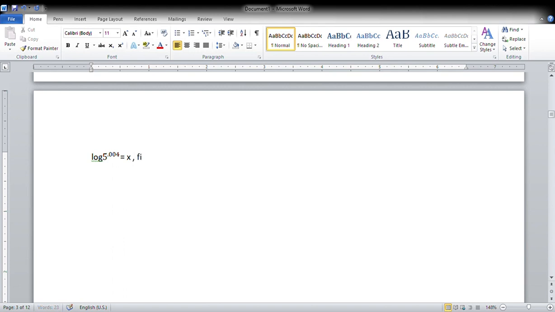We have to find the value of x, right? Simple thing. So how do we write the problem? Log 0.004 with the base 5 is equal to x. We have to find the value of x.